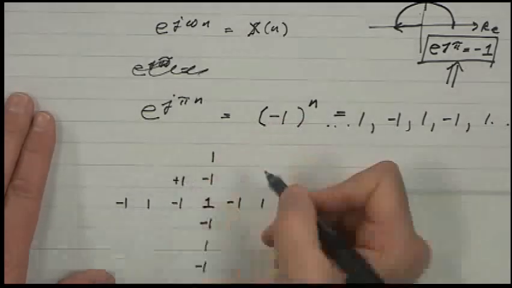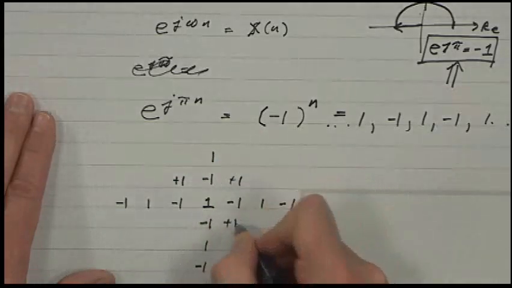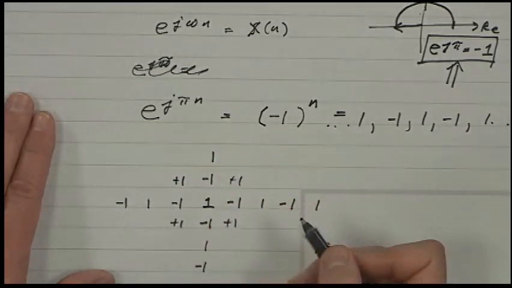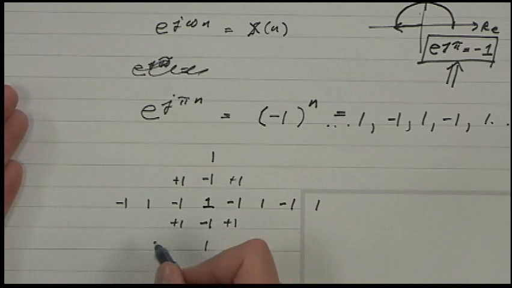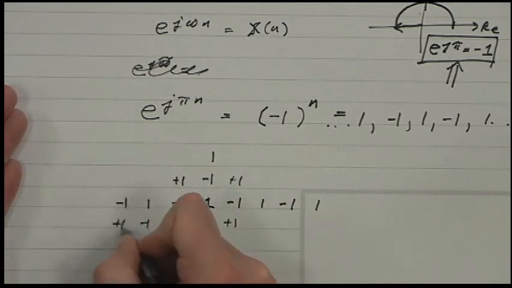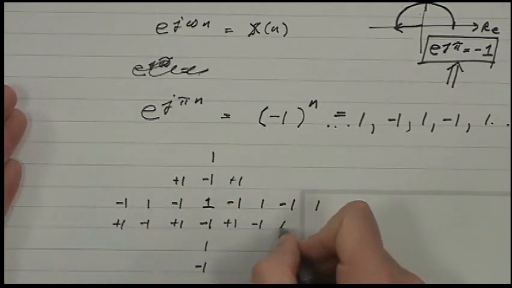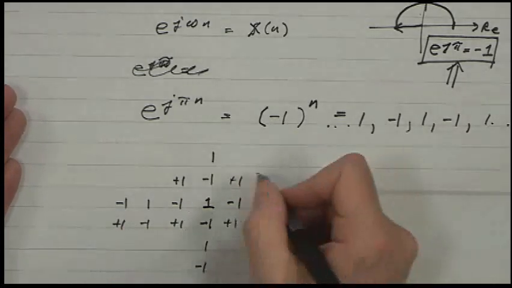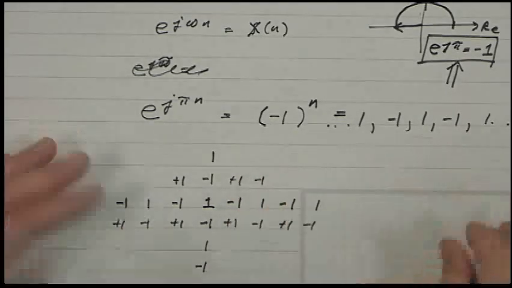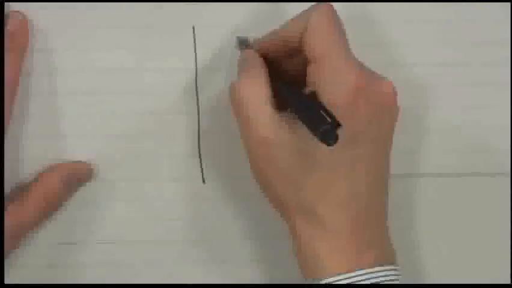Then this goes +1, +1, +1. It's a checkerboard. So the checkerboard's the highest frequency you can have. Okay, so let me do that again, just to make it a little clearer, perhaps.